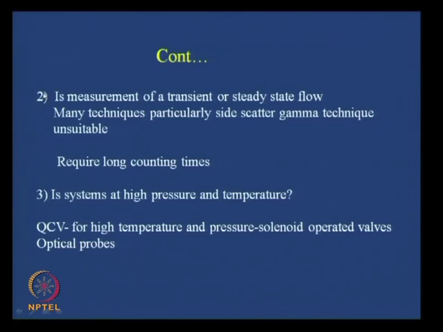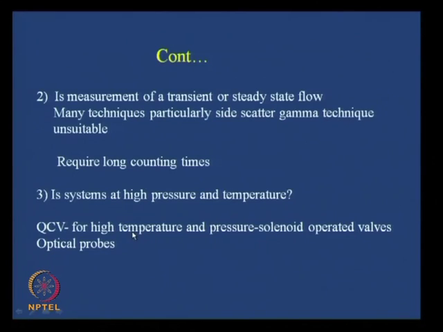Another thing is, does the measurement have to be transient or steady state? I have already told you that some techniques like the quick closing valve technique and side scatter gamma technique are unsuitable for transient measurements since they require a long counting time. These cannot be used. Next, very frequently we have to deal with systems which are at high pressure and high temperature.